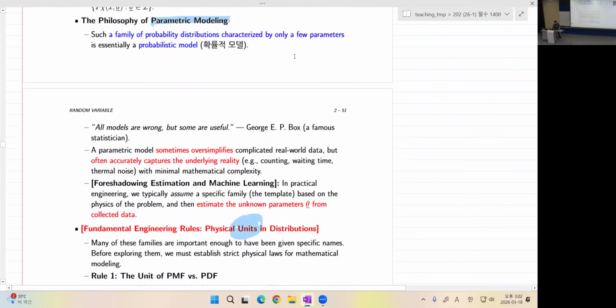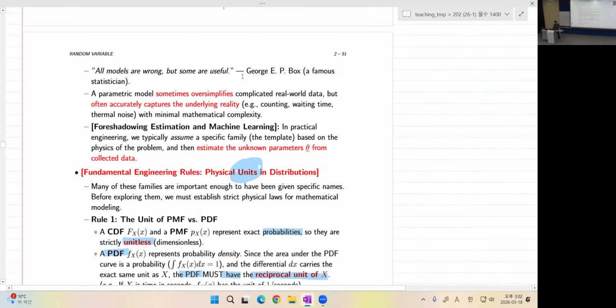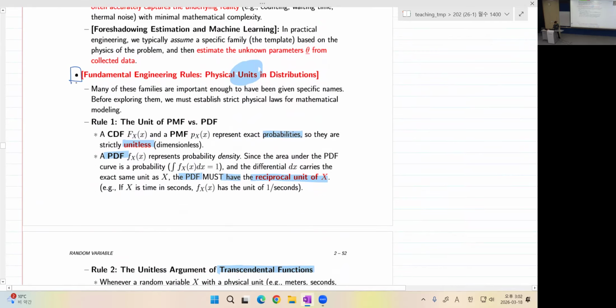Anyway, so this bullet explains why we use parameterized families of distribution functions. That is for probabilistic modeling with only a few parameters, which we may find using statistical inference methods. By the way, this is a good time to talk about the units of random variables and density functions.